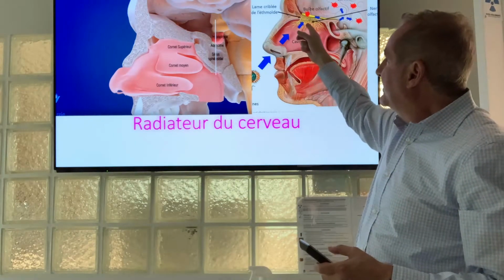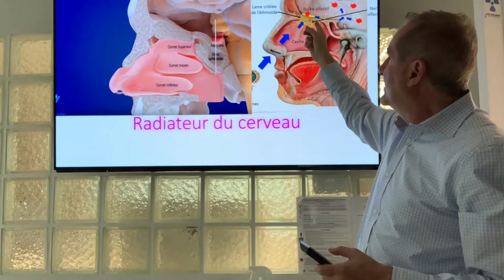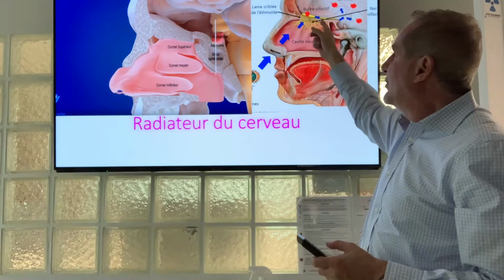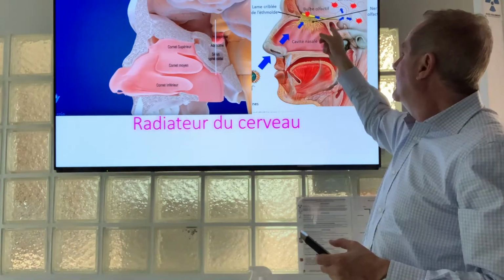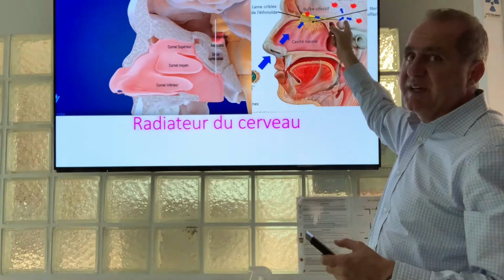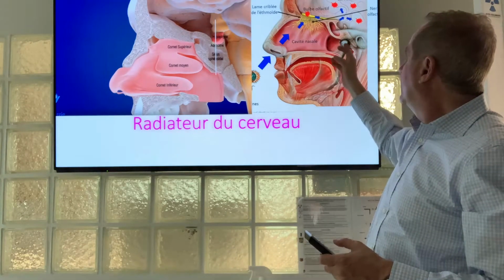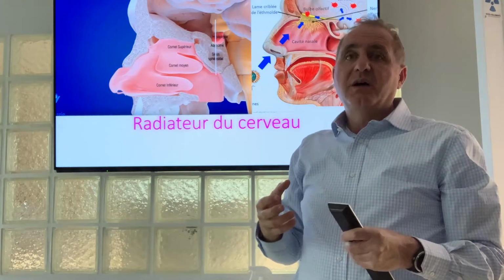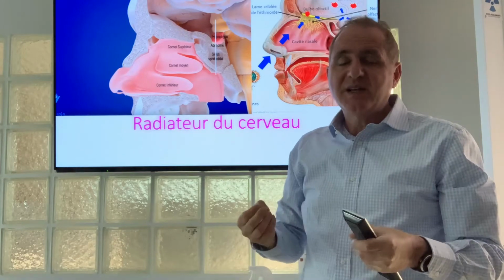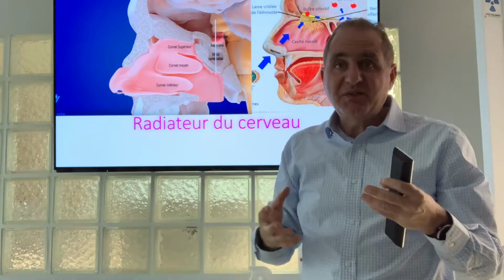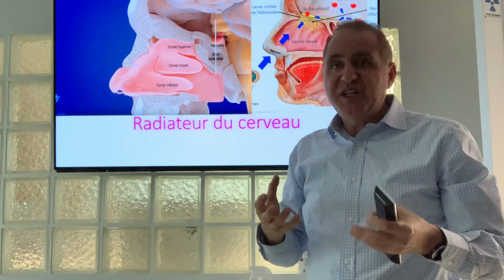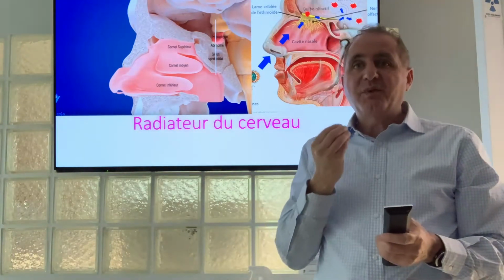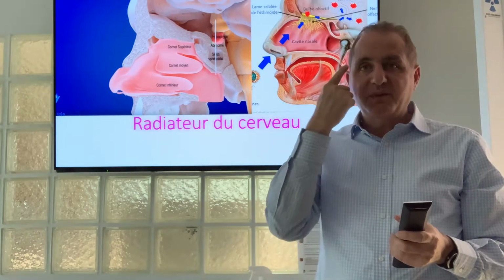From the nasal cavity we have the olfactory nerves that bring, through the ethmoid bone, oxygen to the hypophysis, which controls all your secretion of hormones and also modifies your genes and everything. So it is very important to understand that breathing from the nose is a very good cooler for the brain.